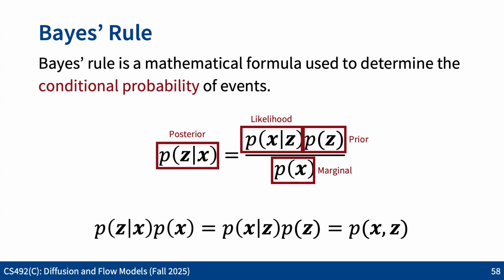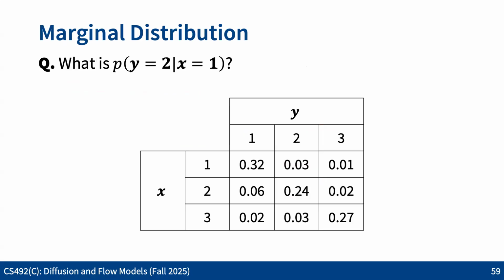So here's a quick question: how can we compute this conditional probability? What's the probability of y being 2 conditioned on x being 1? 1 over 12. Yeah, why is that? Can you see how you can compute this? Very simple, right?